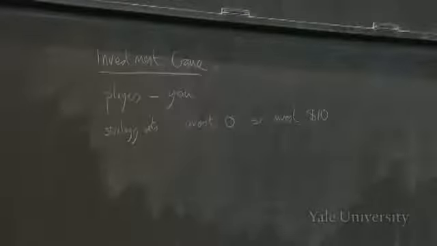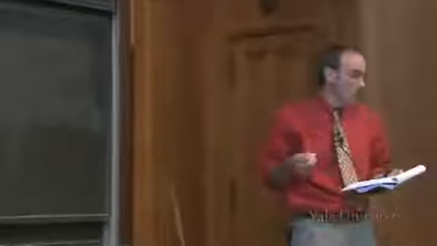I'm sometimes going to refer to investing nothing as not investing. It seems like a natural thing. So you're either going to invest $10 or nothing, i.e. you're not going to invest. So that's the players, and those are the strategies. As usual, we're missing something. What we're missing are the payoffs.